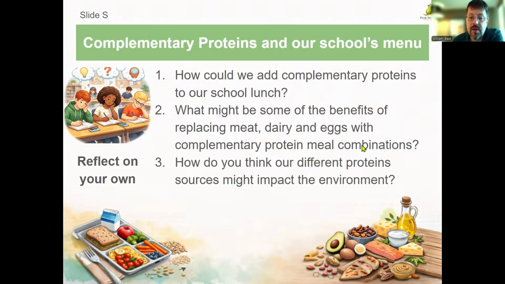And so now that we have these different ways to make a complete protein, we revisit our school lunch menu to see how adding complementary proteins could increase our protein content in our meals, while also supporting people who are vegetarians.